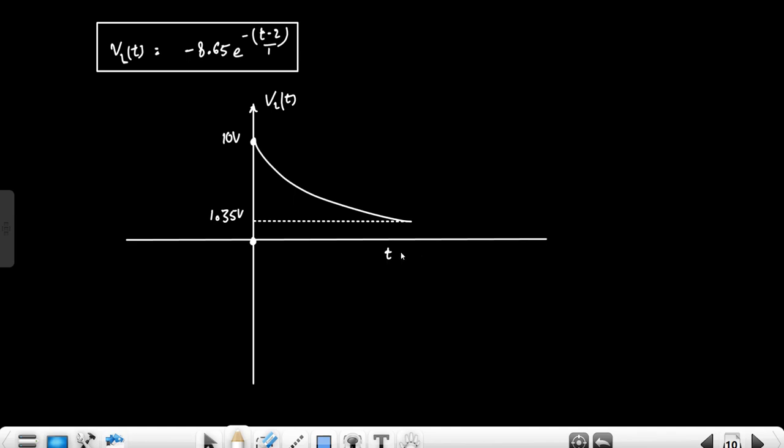So this is the time instant t equals 2 seconds, and at this time instant there is a discontinuity in this voltage waveform, and it has jumped to minus of 8.65 volts, right. After that it will simply decay up to 0.